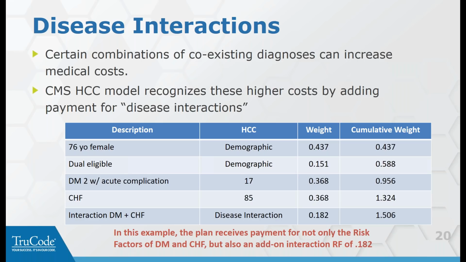You can see on this slide that we have diabetes 2, we have CHF, and then an interaction adjustment factor for diabetes with CHF, and you get an additional weight added into that patient's risk factor of 0.182. So in this case, the plan receives payment not only for the risk factors of diabetes and CHF, but for that additional add-on of the interaction between those two diagnoses, the 0.182.